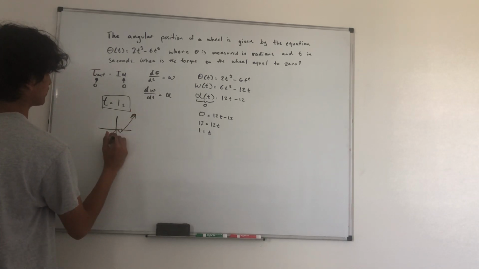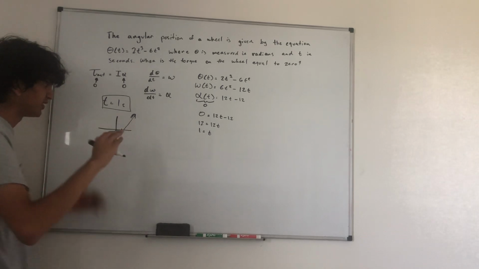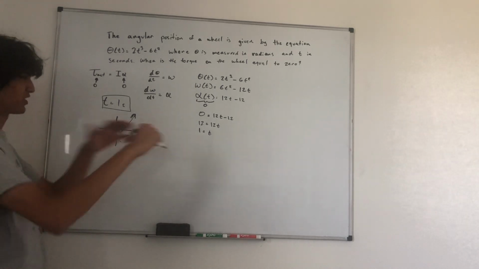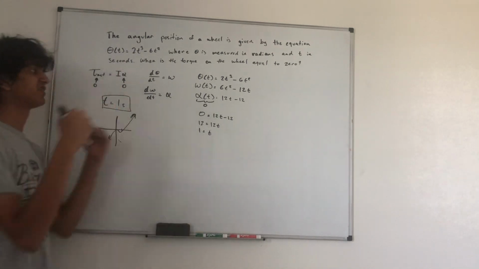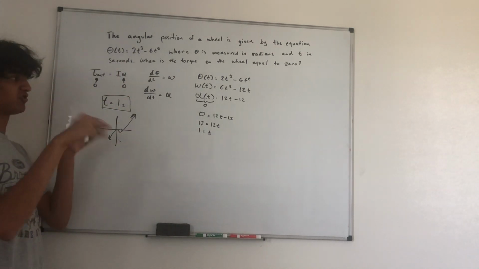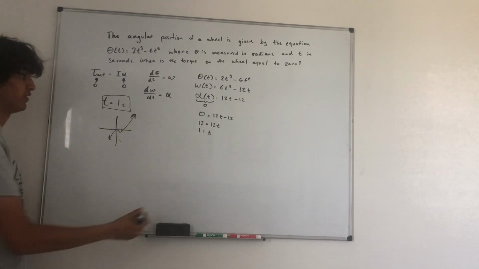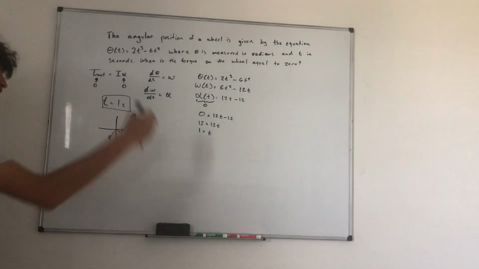A certain torque has to be applied for it to initially rotate this way and then rotate backwards. So the torque has to switch directions, because initially it's angularly accelerating this way, then it's angularly accelerating the other way. The time it's 0 and switches directions is at 1 second.